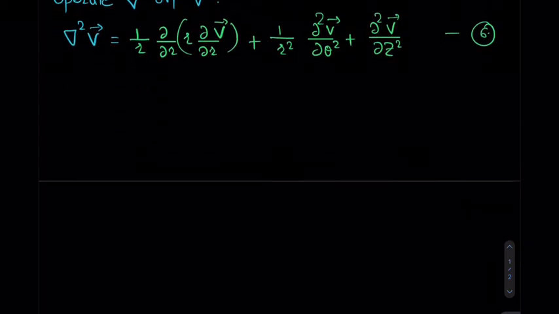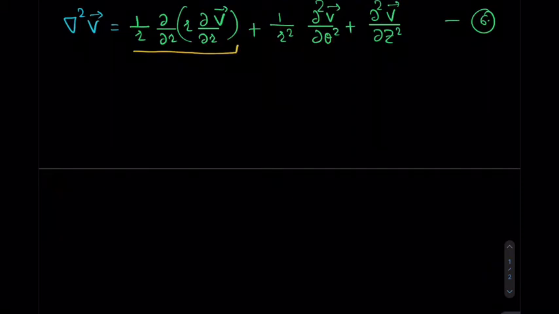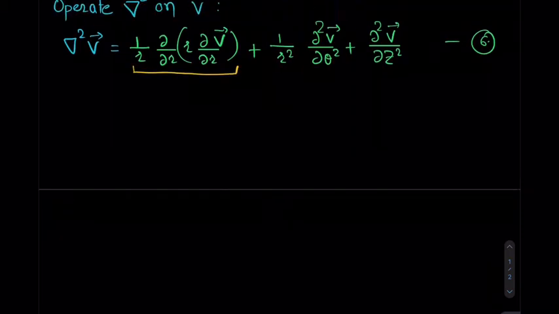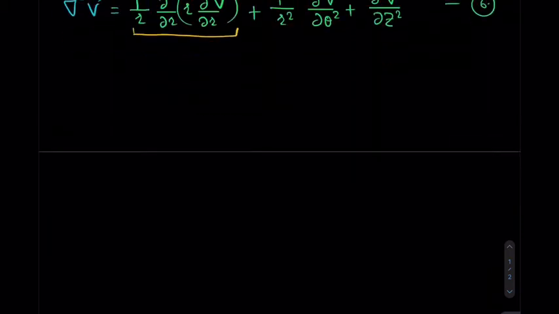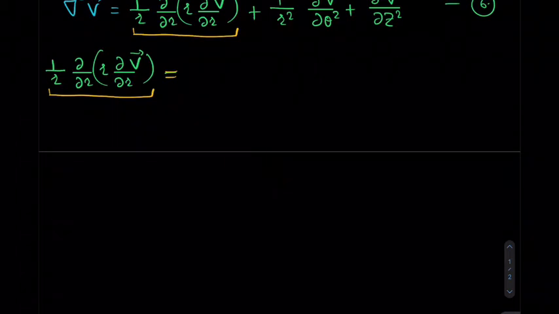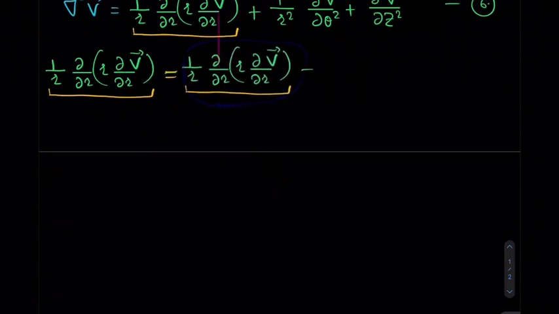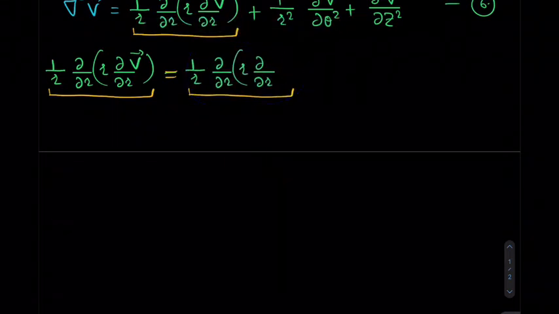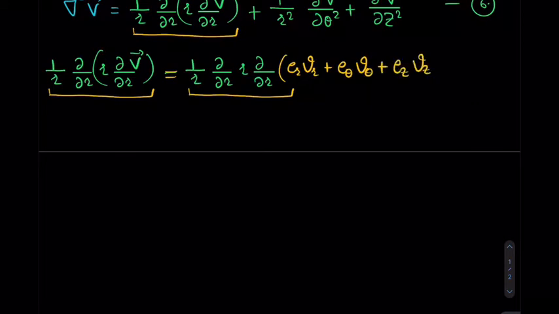Now let us deduce the terms one by one. Let us take down first of all this term, copy this, and put down all the velocity components into it. So 1 over R, and instead of V bar we will use the velocity components, which are ER VR plus E theta V theta plus EZ VZ.